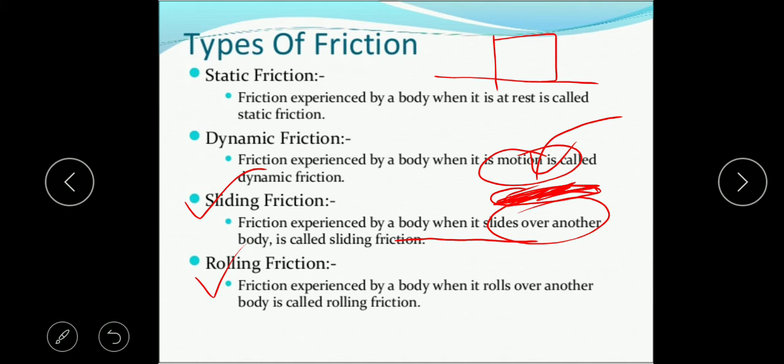The friction will be generated because it is not easy to remove one biscuit from the other. You have to apply certain force to remove that biscuit. That type of friction is nothing but sliding friction. The second is rolling friction. If a ball is rolling on the surface, then it will be the rolling type of friction.